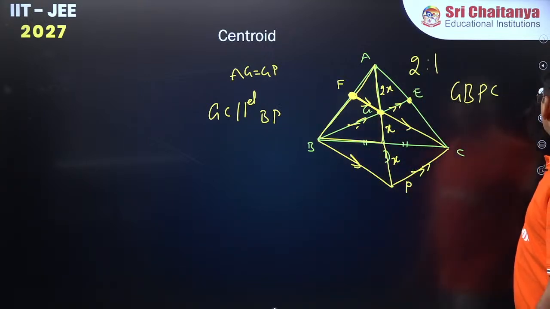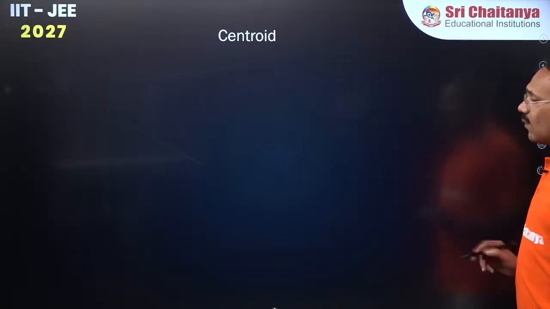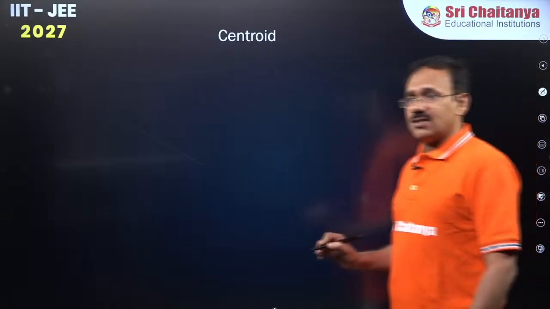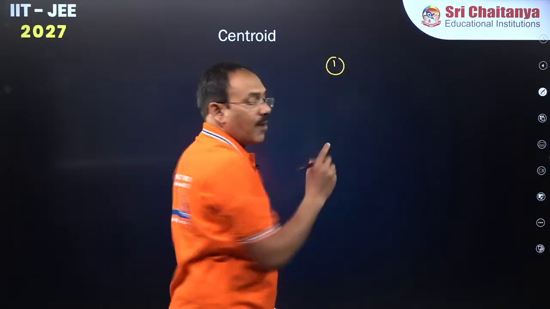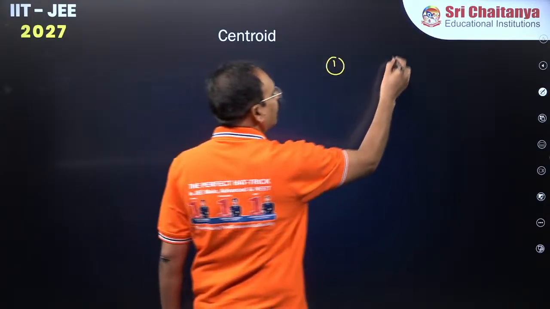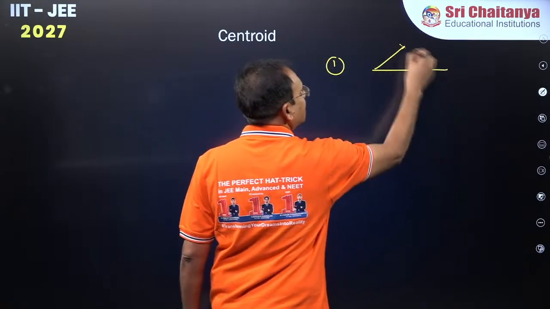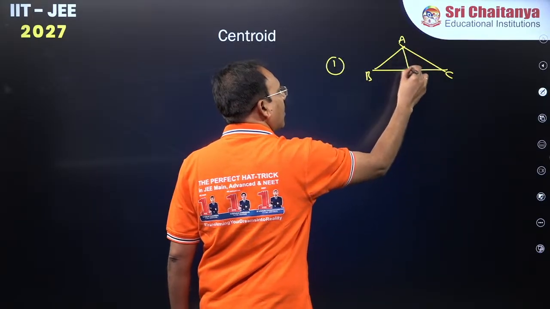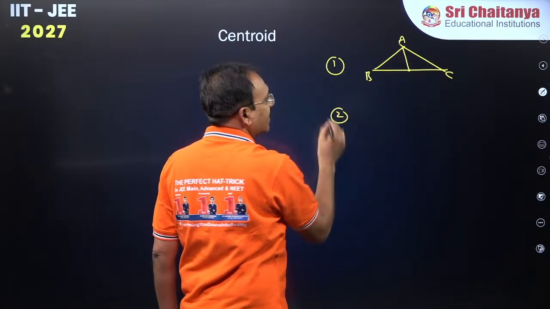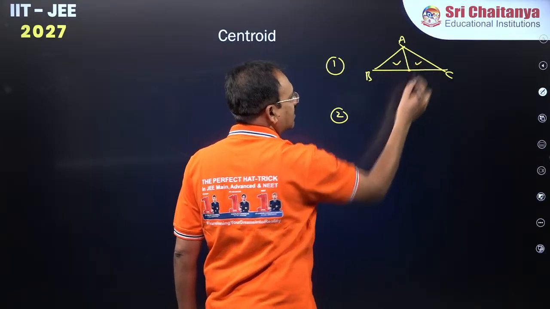Fine, okay guys. So once again, as far as centroid is concerned, point number 1, the meaning of median. Median means a line segment joining vertex to midpoint of opposite side. Second point, these two triangles are equal.